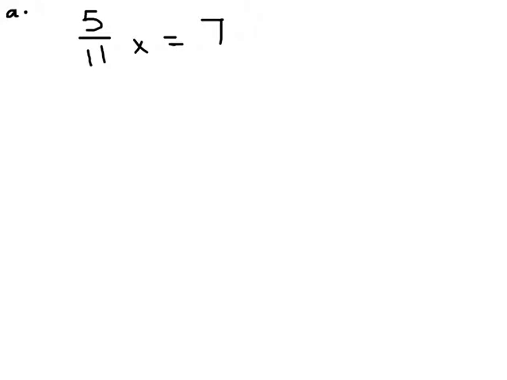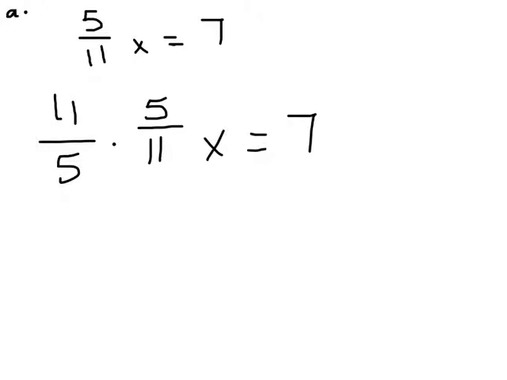Here we have 5/11 x, or times x, equals 7. To solve this, we're going to need the reciprocal of 5/11, and that is 11 over 5 times 5 over 11 x equals 7. But we need to do the same thing over here, so we need the multiplication rule for equations. I'm going to make this 7 into a fraction, to make it a little easier.